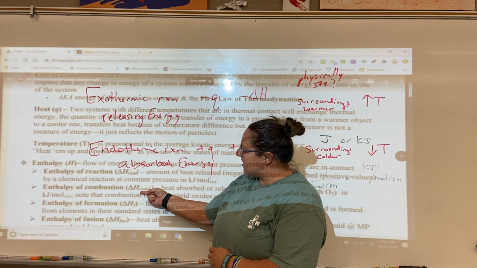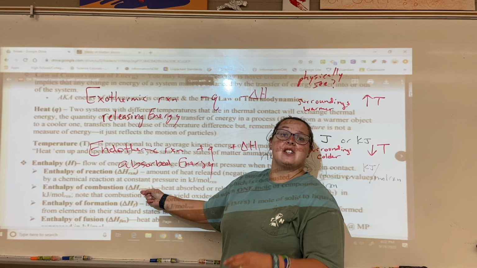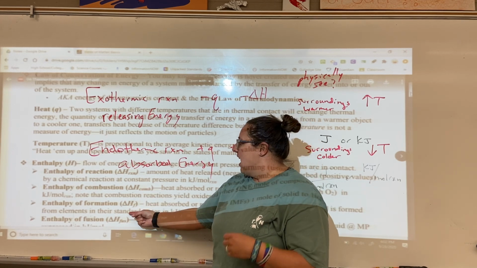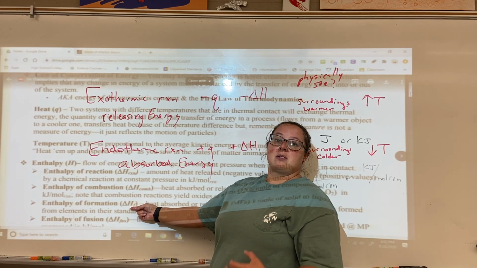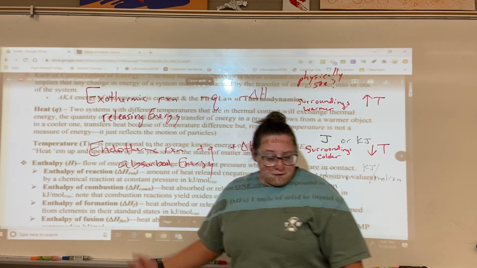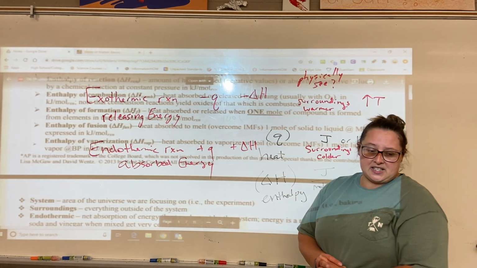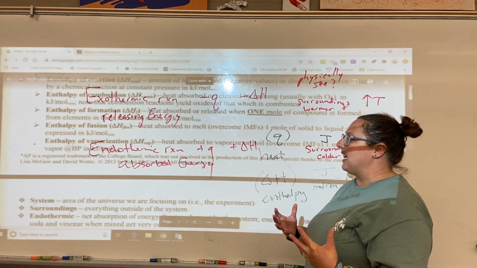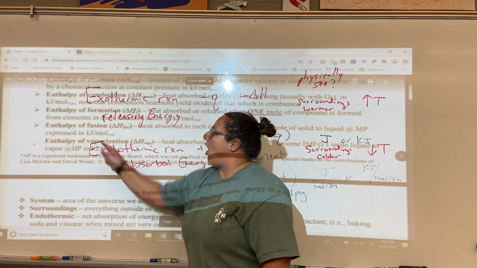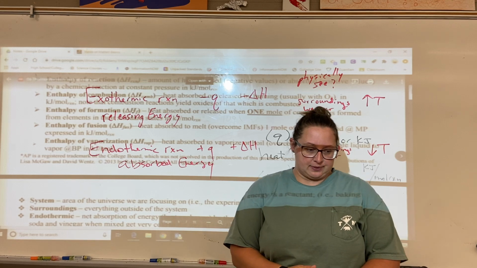You might have specific reactions. So this is the enthalpy of combustion, so we would be dealing with just combustion reactions. Enthalpy of formation, so we would just deal with formation of one product. Enthalpy of fusion. There's some other ones here. Let me scroll up. Enthalpy of vaporization. So just know what those mean whenever you see them, but they all are the same. It means delta H of the reaction.